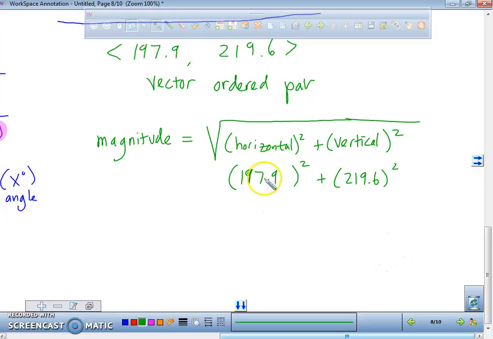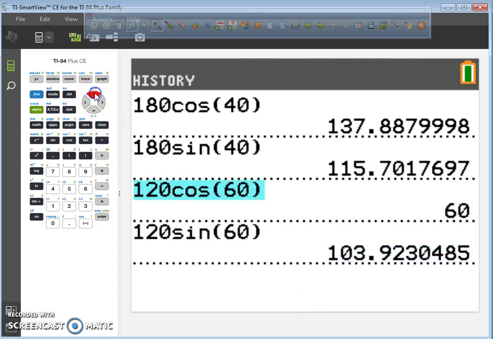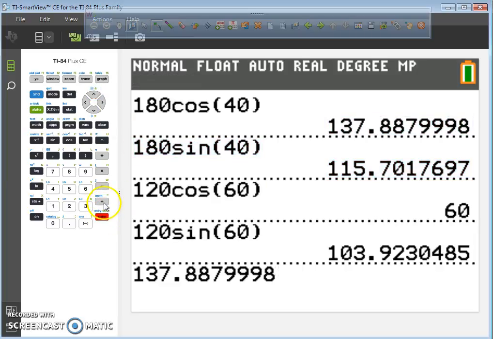Okay? Except I'm going to use the calculator to get the whole thing. I'm not just going to use this approximate value. Let me show you what I'm going to do. I'm going to go to the calculator. I'm going to take the 137.88, right there. I'm going to add 60 to it.